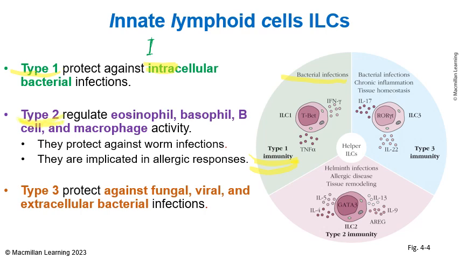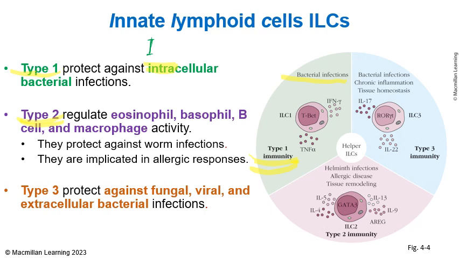Those type 2 cells, what are these cells again? They come from the lymphoid lineage, right? And they are innate immune cells. Kind of like natural killer cells, but these are innate lymphoid cells. Now look at this.